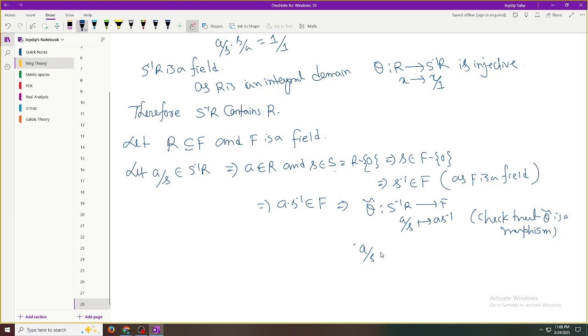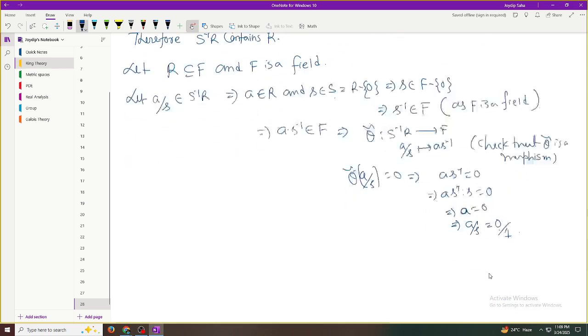a by s, this implies a s inverse equals 0. This implies a s inverse s equals 0. This implies a equals 0. This implies a by s equals 0 by 1. Done.